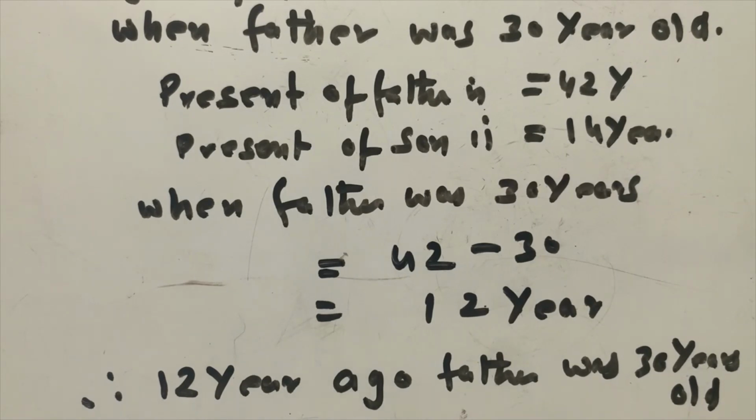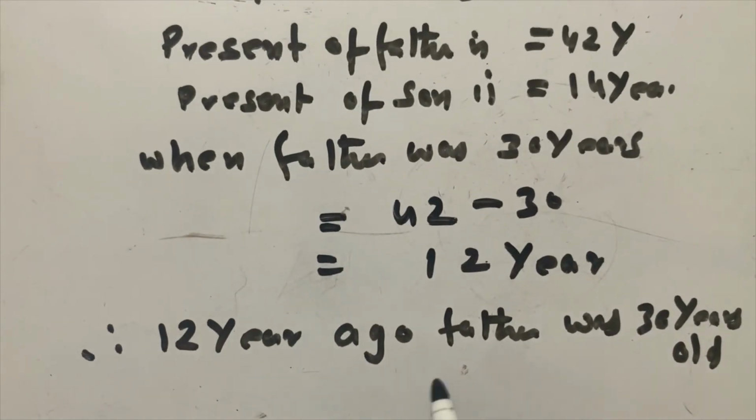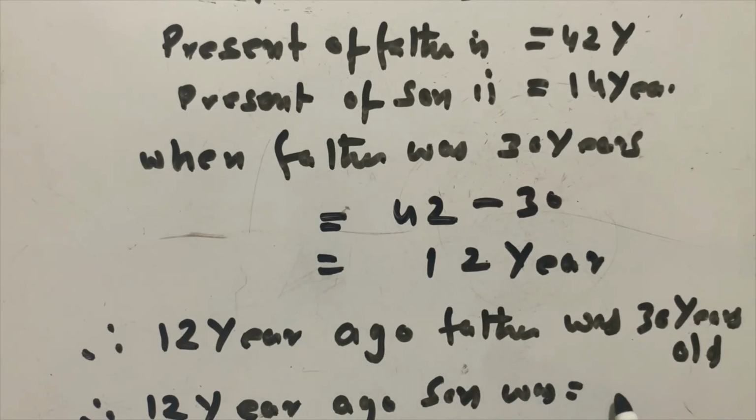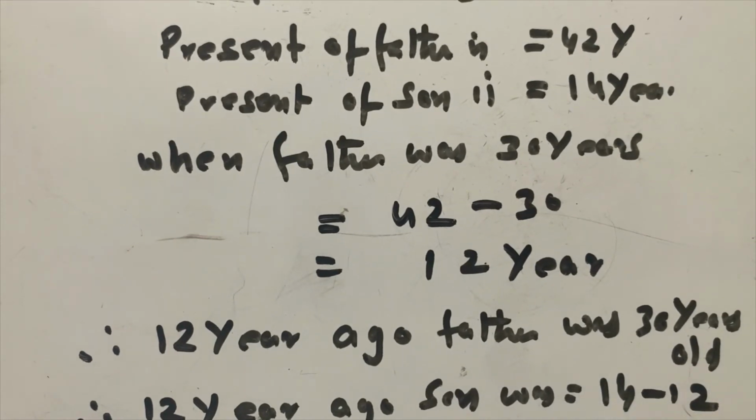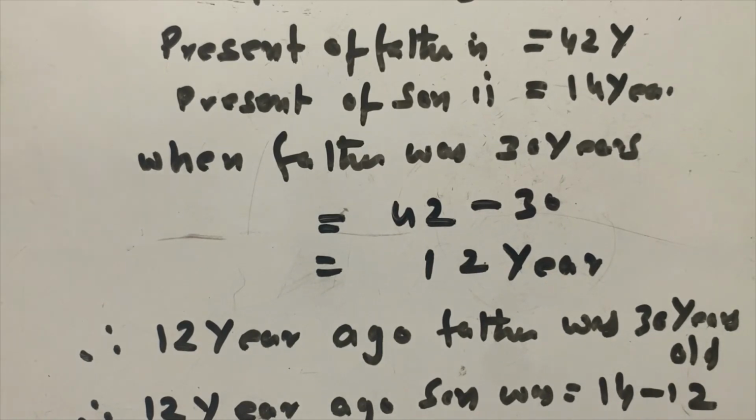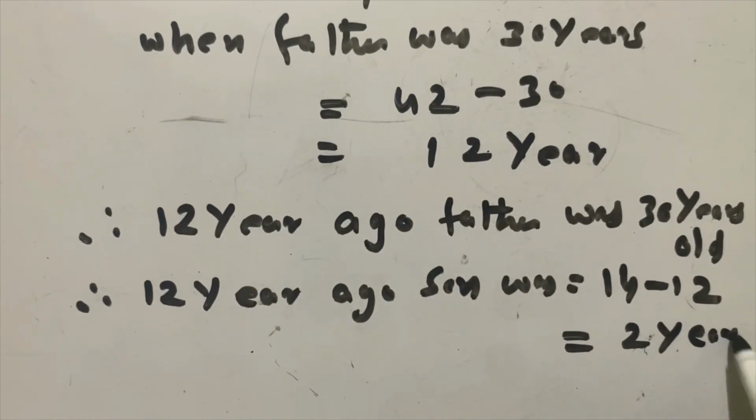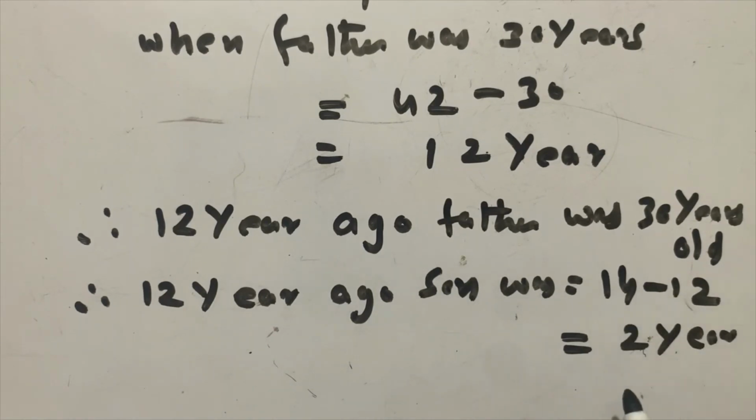From present to the past, 12 years ago father was 30 years old. Therefore 12 years ago son was present 14 minus 12. 12 years ago son was 14 minus 12, which is 2 years.